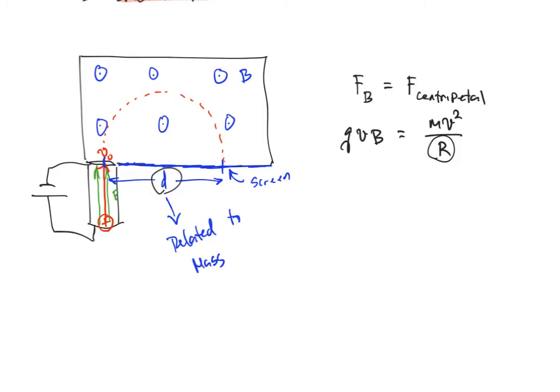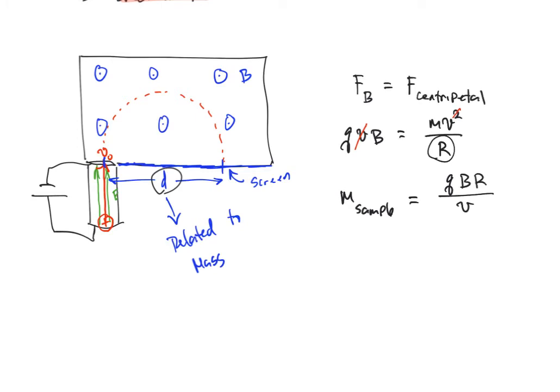And so if I solve this thing for m, I can lose one of these v's. And I can see the mass of the sample is going to be equal to QBR divided by v.